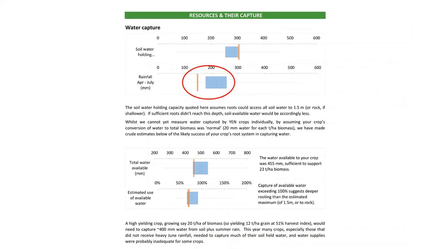So the next slide covers resources and the plant's ability to capture them, and this backs up the story that the shortage of rainfall in the April to June period versus the Yen average had an effect on our crop. And even though we should have had just enough water, probably the fact that this crop was grown over chalk had a profound effect on the amount of biomass we could generate.